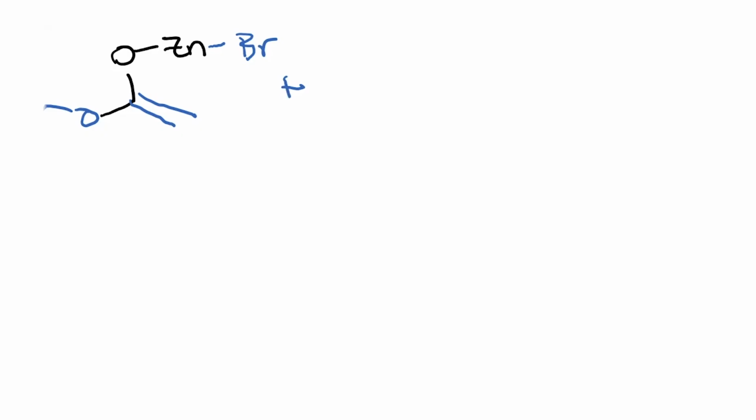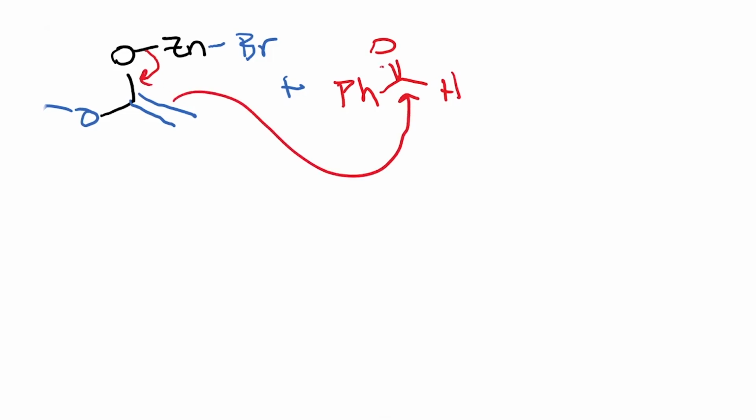You can react this with an aldehyde, and the example that we're going to look at is benzaldehyde as always. The chemistry is the same: it just moves here, attacks here, and kicks this out. You can also draw this in a cyclic transition state.